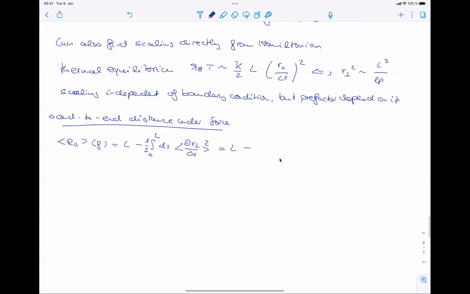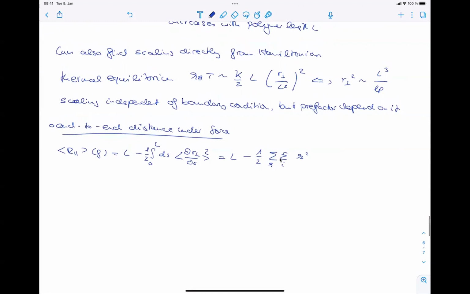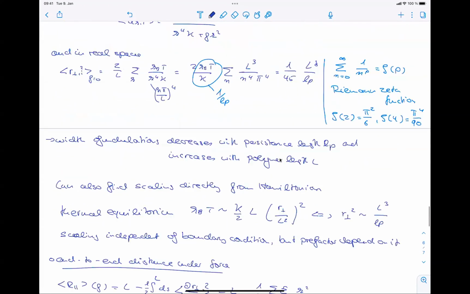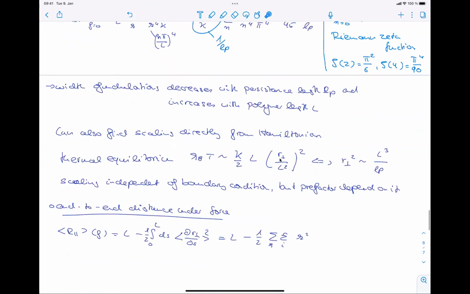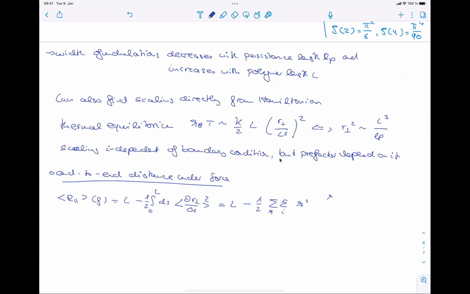So this is minus a half, and then we have sums over k and i. The k, and we're squaring it, gives a k squared. And then we're putting in the relationship for the amplitudes of our Fourier expansion, so kBT over kappa k to the 4 plus f k to the 2.